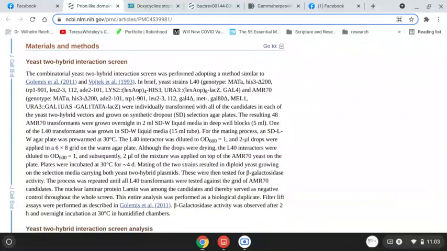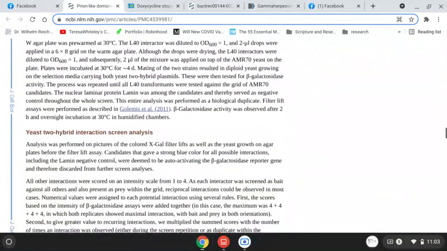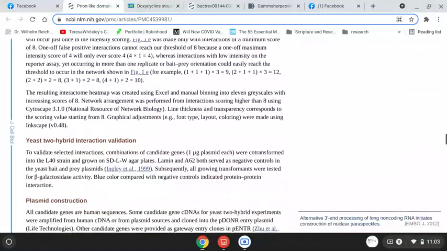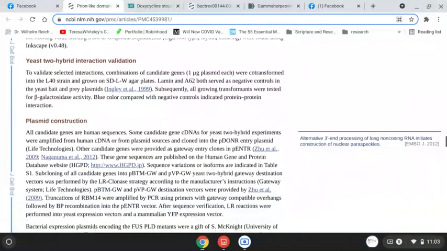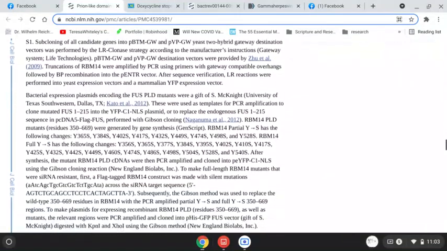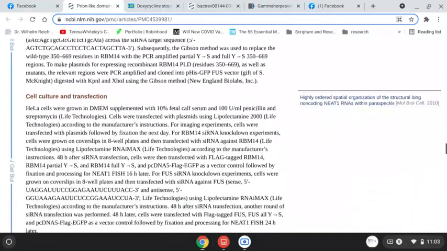So, their methods and materials: yeast two-hybrid interaction screen, and of course, the HeLa cells. Bacterial plasmids.